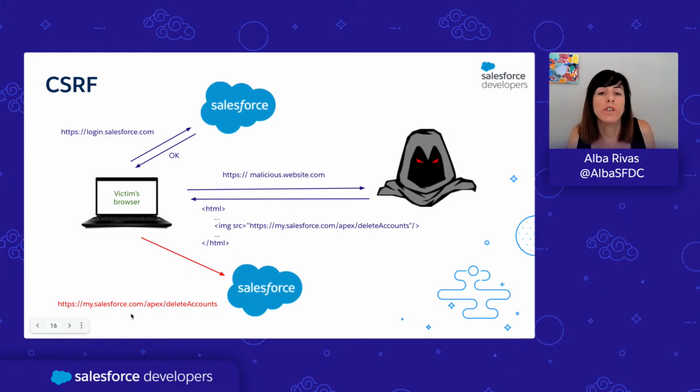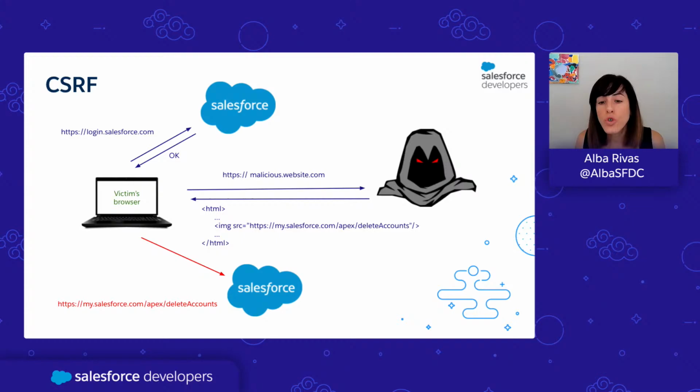The victim's browser is going to receive that information and navigate to this page, but it's not going to really perform any dangerous action in my Salesforce org. The problem comes when there is an action that changes the state of the database, for instance, performing some DML operations, right? In that case, this is going to be a problem.